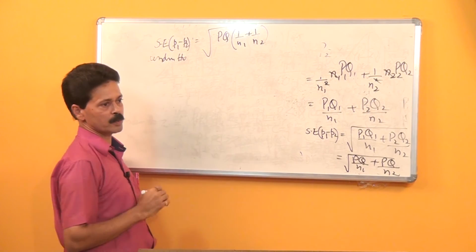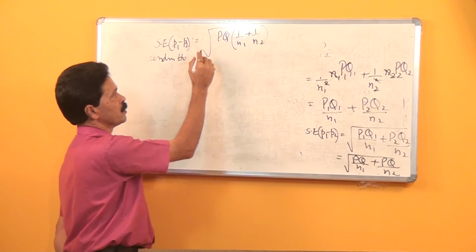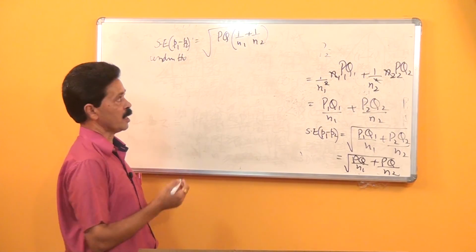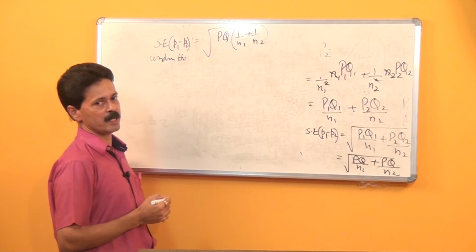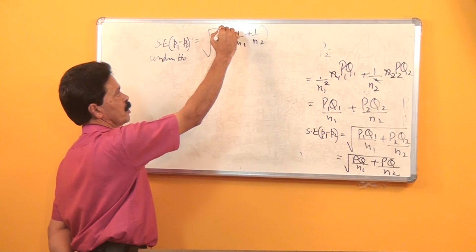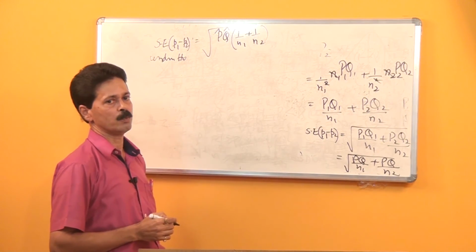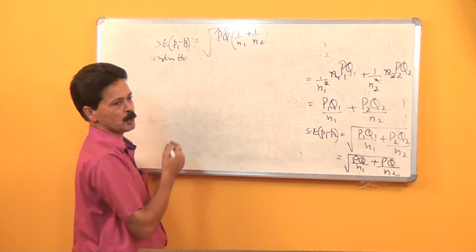Under H0, what is this P? P is unknown. Therefore, the estimate of the standard error becomes the standard error of P1 minus P2 equal to the square root of P cap into Q cap into 1 over N1 plus 1 over N2. What is this P cap?